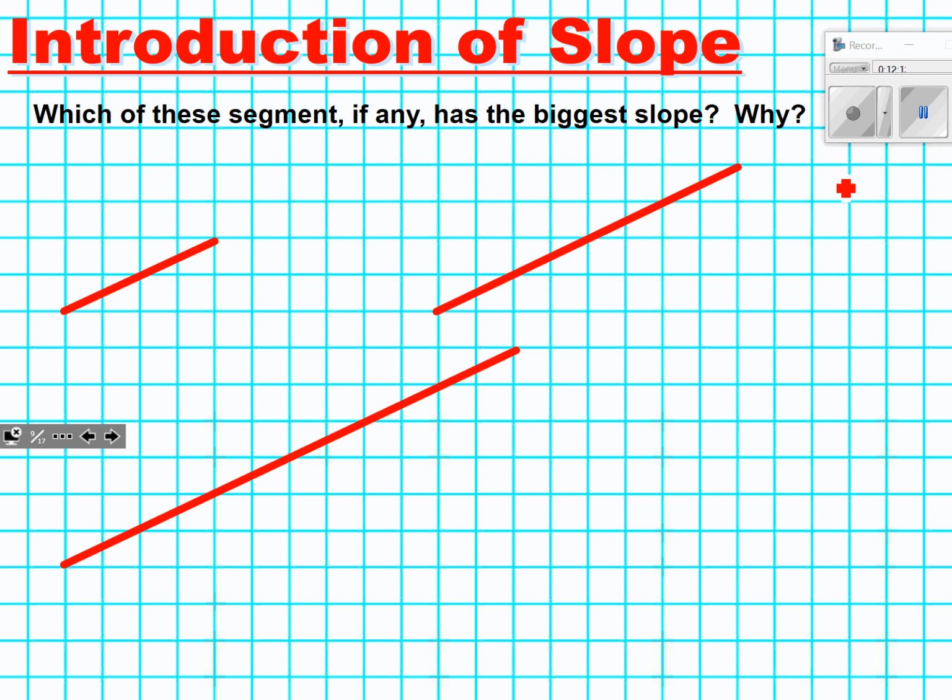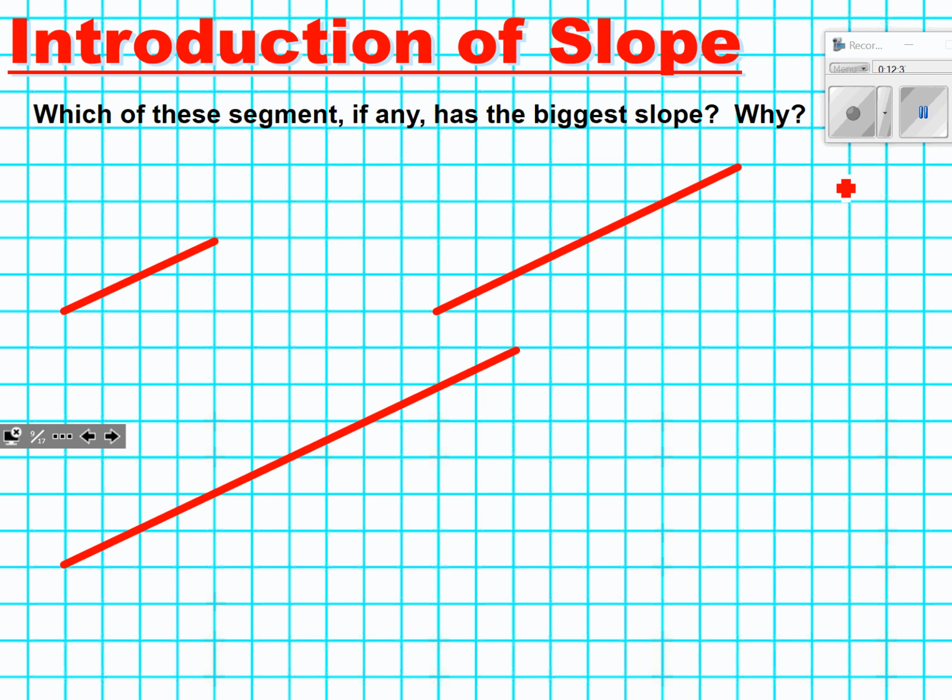Again, distance of the line segment doesn't matter. In fact, don't they all seem to be around the same steepness? Yes, they all actually have the same slope. All these line segments have the same slope. The length of the red line segments doesn't matter.